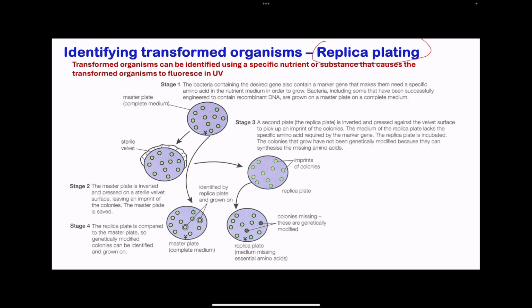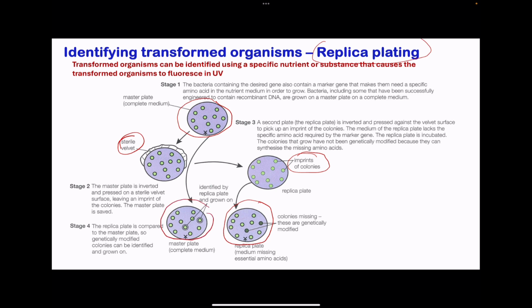So in this case, this is the master plate. And then we see the sterile velvet, which is going to be pressed onto the master plate. And then that velvet is going to be pressed onto another plate, onto which imprints are going to be formed. These are the imprints of the colonies, and that is going to be cultured. Then in the end, we're going to compare the cultured plate or the replica plate as well as the master plate to see which colonies are existing.